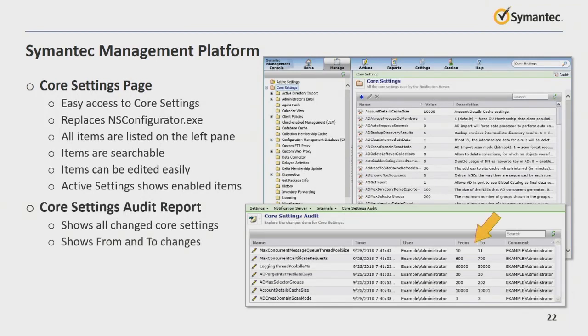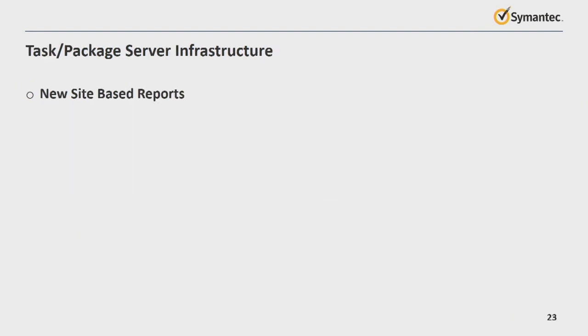So it has the from to to changes. It went from 1 to 1,000, right, for processes or something like that. It shows the user and the time it was changed. And you can edit the setting at that time. So if the know-it-all went in, changed the setting, you can just double click on it and basically change it back to what it should have been. Okay?